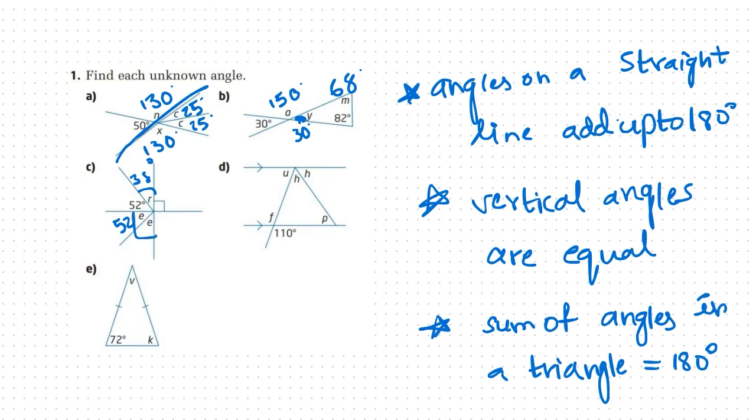E value will be? E value will be 90 minus 52, which is also 38. Why 90 minus 52? Because it might be a right triangle. Okay, see, if you look carefully, spot the straight lines.